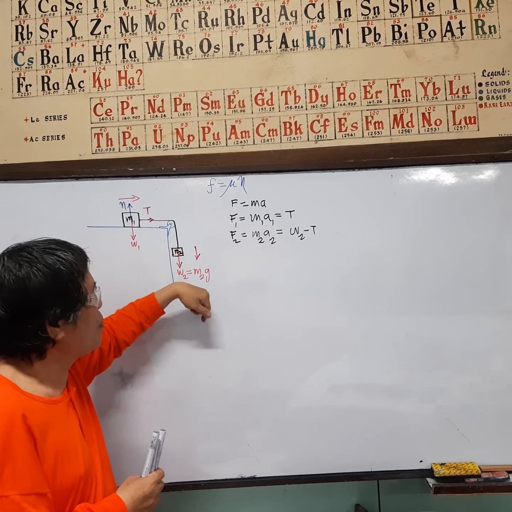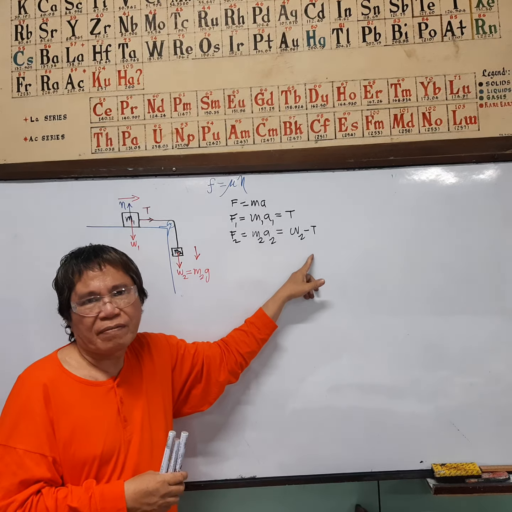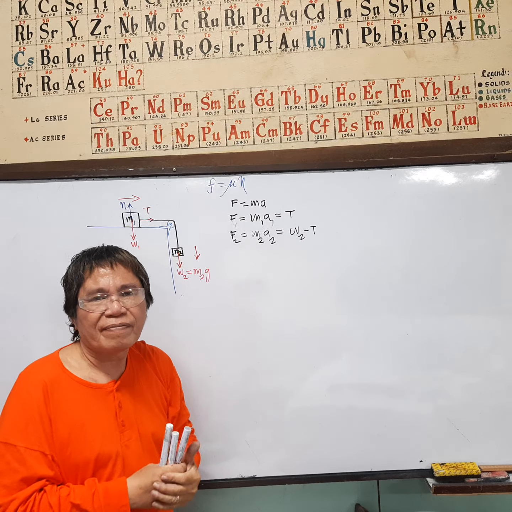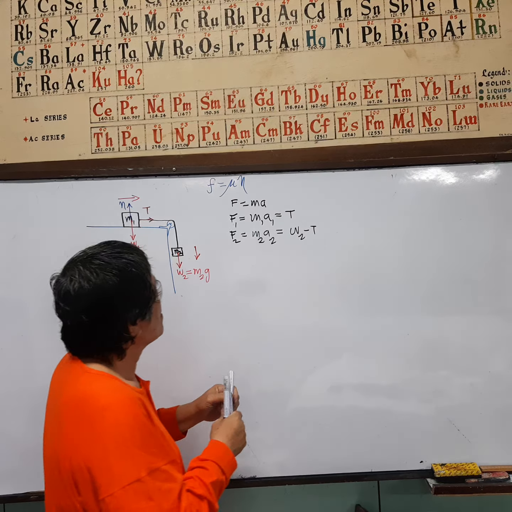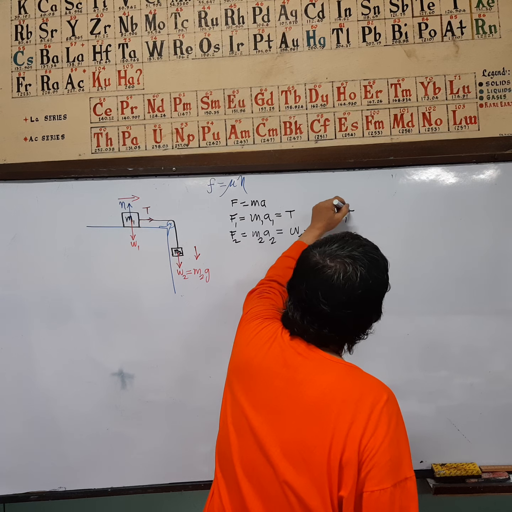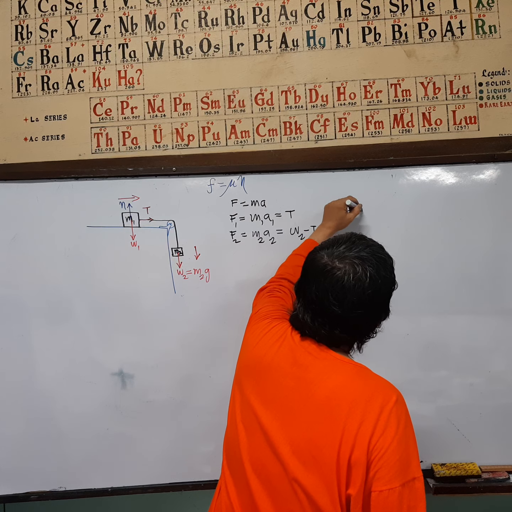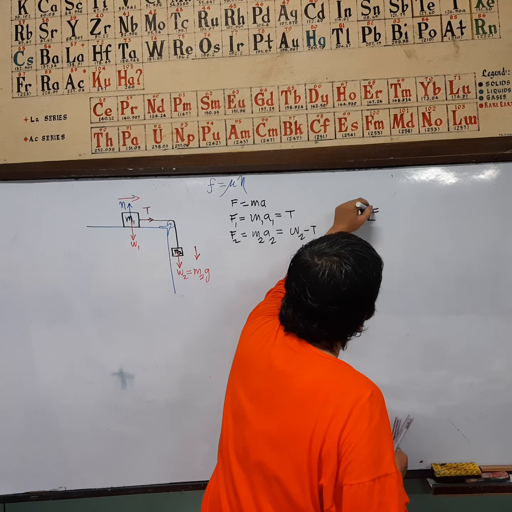But because it is going down, it is the weight minus the tension. Weight 2 minus the tension. Okay? Then, the same, we have the assumption that A1 equals A2. And therefore, we say it is equal to A.